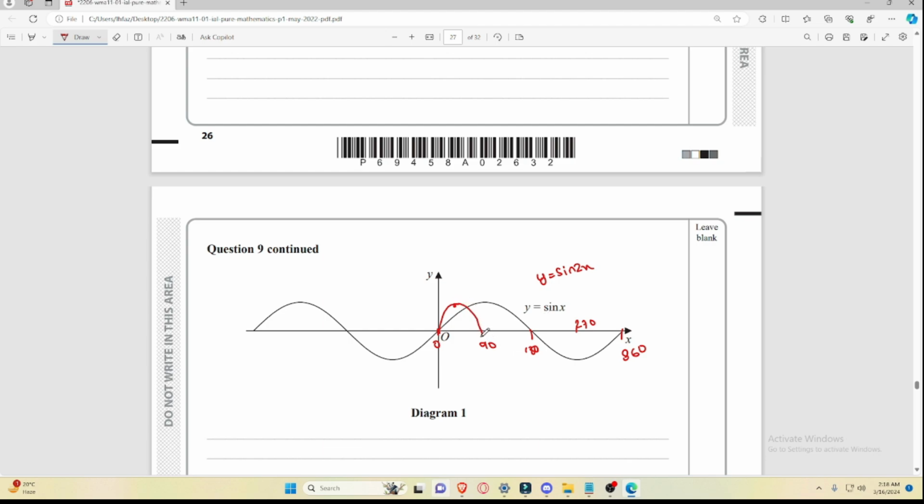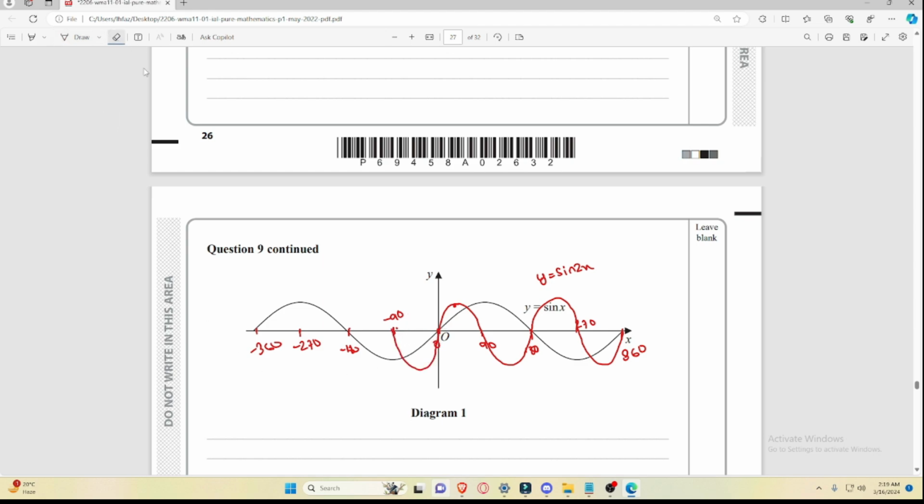So this is the graph, and then I can repeat the pattern, 180 and then 270 and then 360. If you get two curves within this interval, that means your drawing is correct. You will do the same thing, minus 90, minus 180, minus 270, minus 360, on the left side.